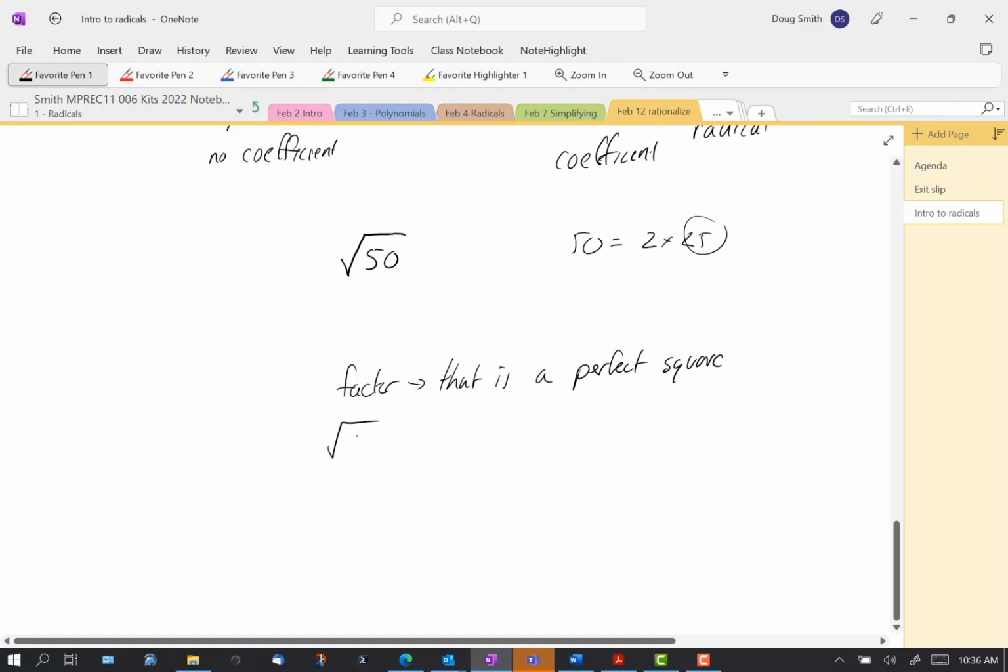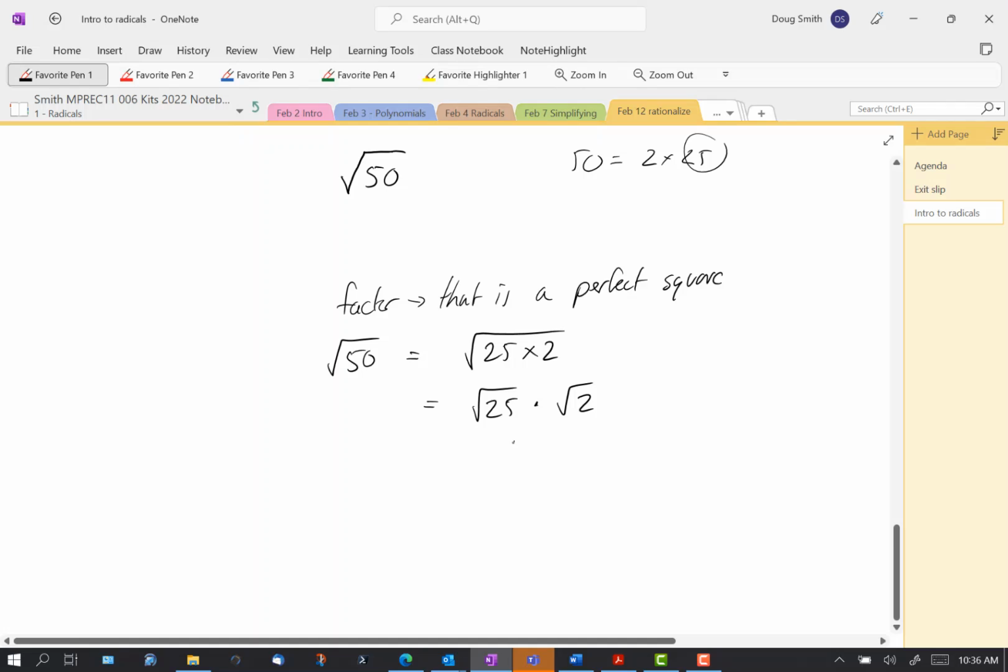So square root of 50 is equal to square root of 25 times 2, and that can be rewritten as two radicals being multiplied. Square root of 25 is 5, so that's 5 times root 2. We usually rewrite this without the multiplication dot. We just go 5 root 2. So that equals the square root of 50.